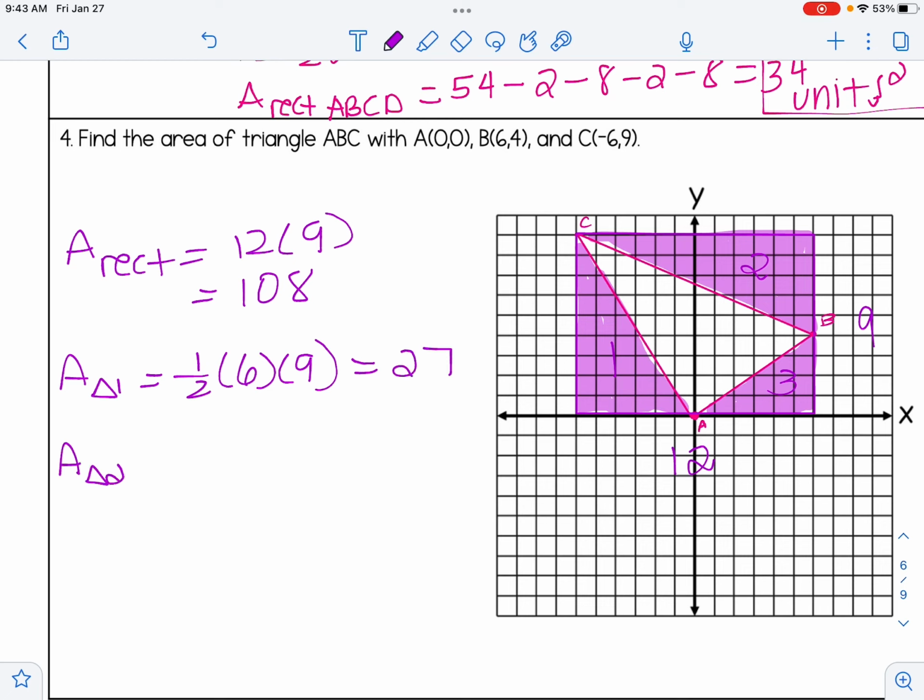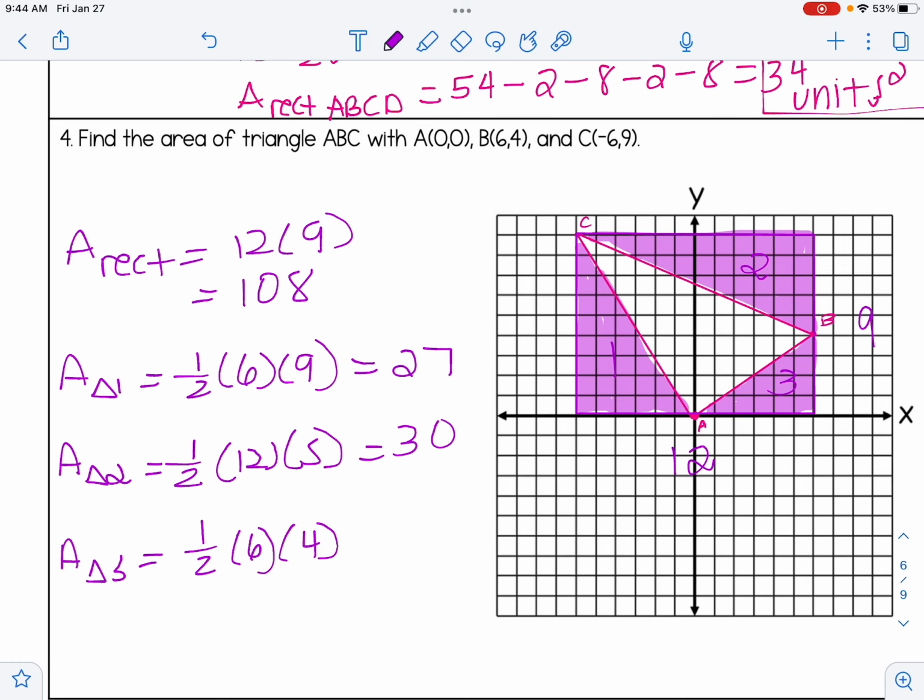The area of triangle 2, 1/2 of 12 times 5, which is 30. The area of triangle 3, 1/2 of 6 times 4, which is 12.